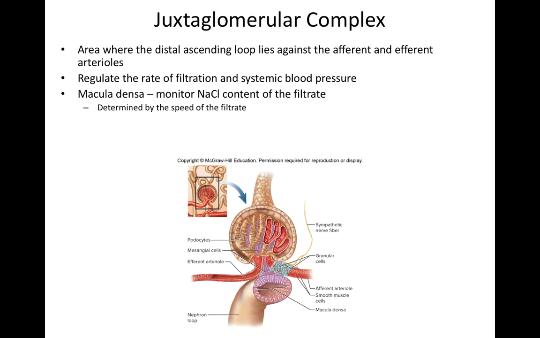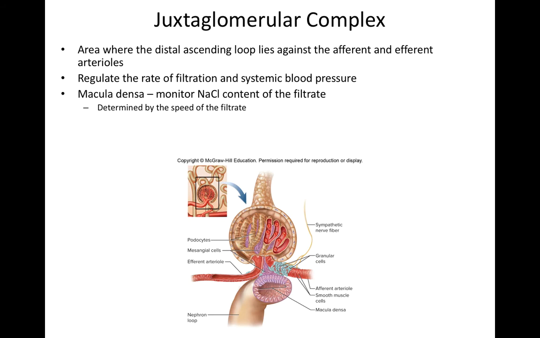And what they want to find out is how fast the filtrate is moving. So the filtrate starts in this corpuscle here. And we know that filtration is driven by hydrostatic pressure of the blood. So the more pressure in the blood, the faster the filtrate is going to move through the nephron.